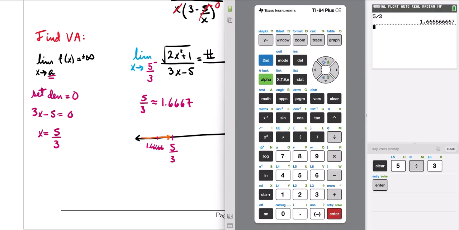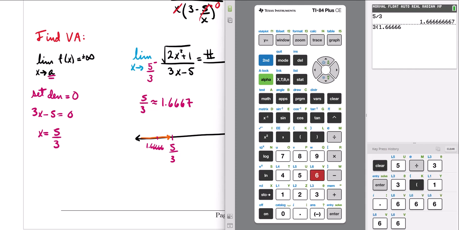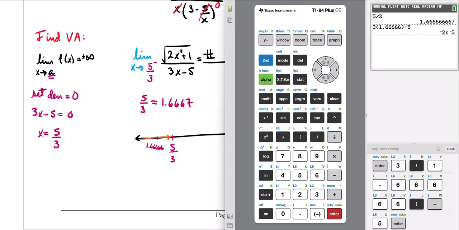All right, so once more into the calculator, I'm just going to go, okay, well, if I have 3 times 1.66666, minus 5. Okay, now notice here that we're getting a really small number.